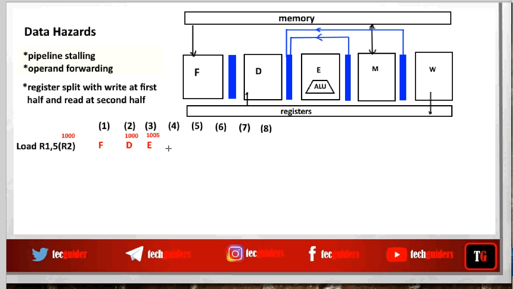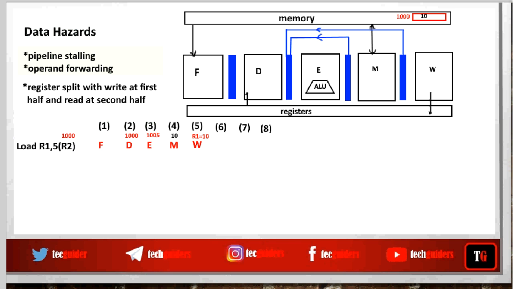In the memory stage, we will access the data from that memory location corresponding to the effective address. The address is 1005. Let the content of the memory location be 10. This data will be accessed in this memory stage, but it will be written to the register R1 only at the end of the fifth clock cycle, at the end of the write back stage.